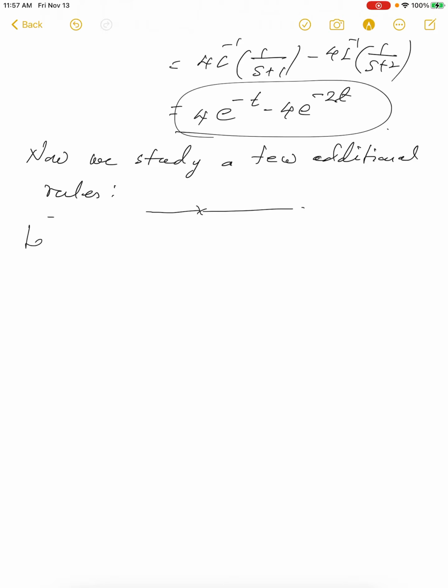First of all, the Laplace transform of the derivative f prime. So let's come to this formula. What is the Laplace transform of the derivative of a function?